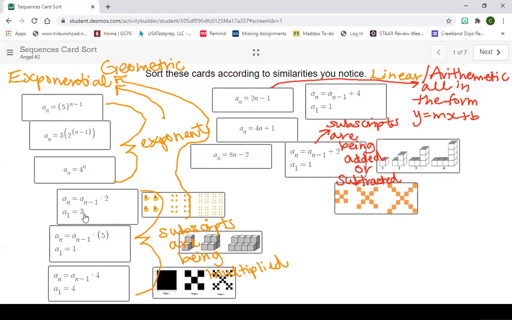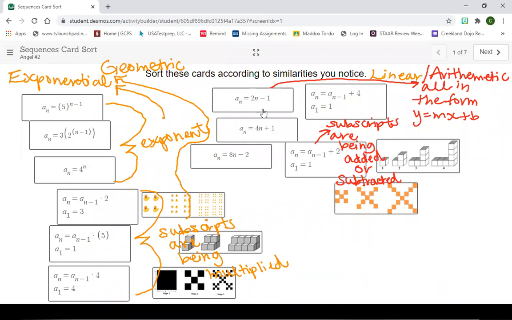It tells you a sub 1 is what? 3. A sub 1 is what? 4. Okay, it tells you what it is. Because this is the rate, that's not where it starts. If there's not another number, it's a 1, and it starts at 1.